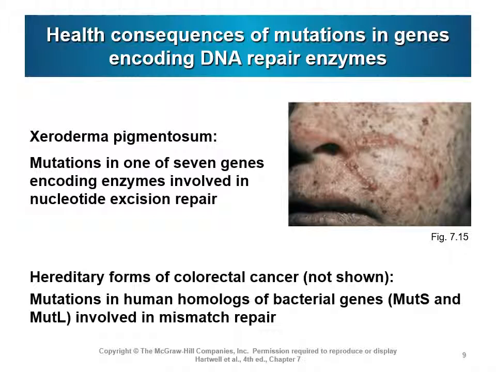Therefore, for example, here is the disorder called xeroderma pigmentosum, which I'm pretty sure a lot of people are familiar with. It is due to a mutation in one of 7 genes encoding enzymes involved in the excision repair process.